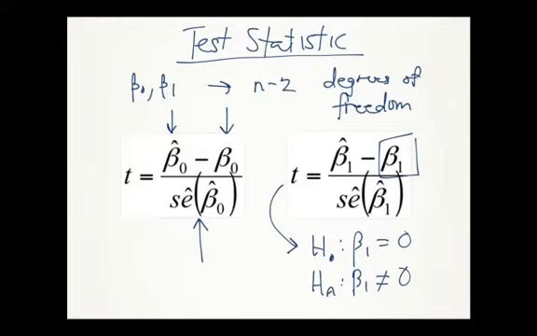Alright, so now that we have an estimate of the standard error, we can go through our 7 steps of hypothesis testing. And as I mentioned, we're typically interested in hypotheses involving the slope, not the intercept. So let's go through our 7 steps. Our null again is going to be that beta 1 is equal to 0. The alternative is that beta 1 is not equal to 0.